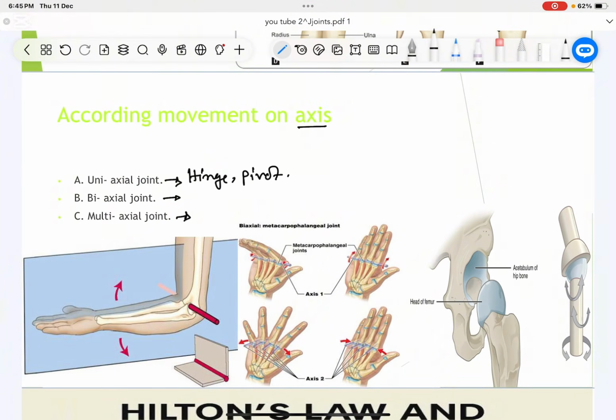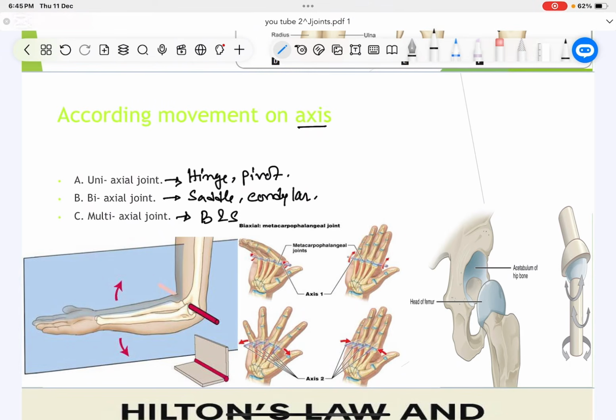These are uniaxial. Next, biaxial, two axis movement will be there. Give an example of biaxial, we can say saddle. We can also say condylar. Give an example of multiaxial, ball and socket variety of synovial joint.